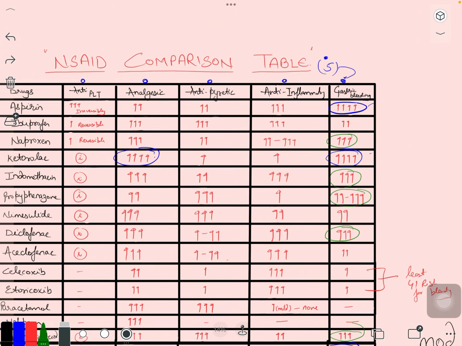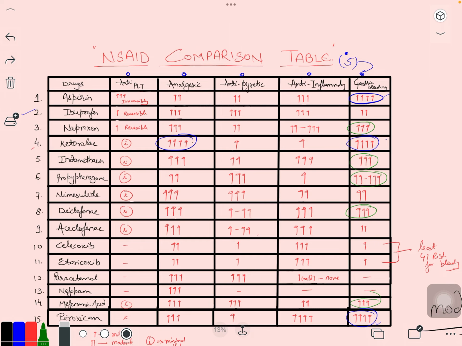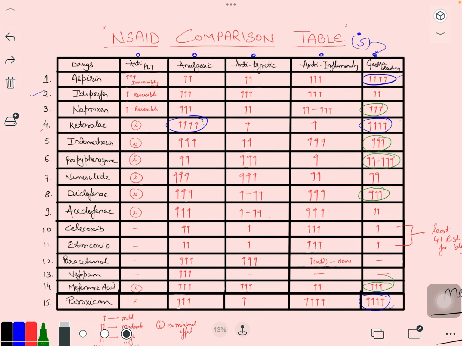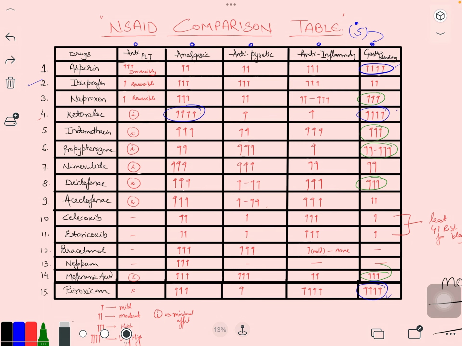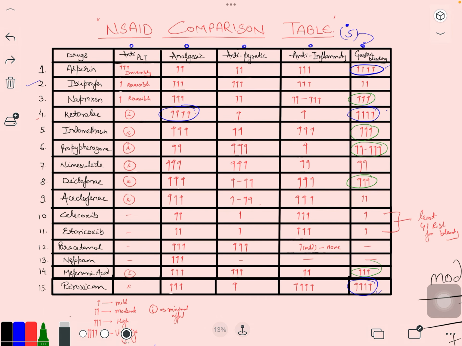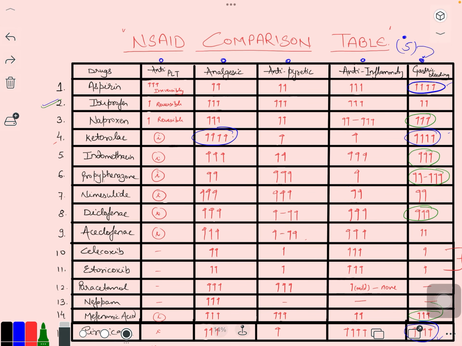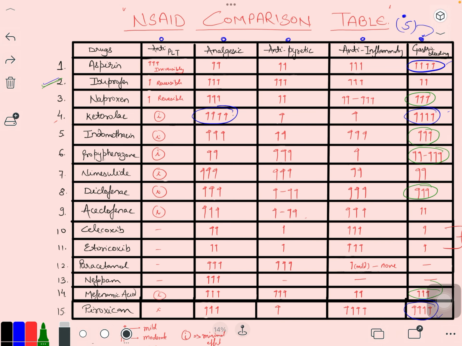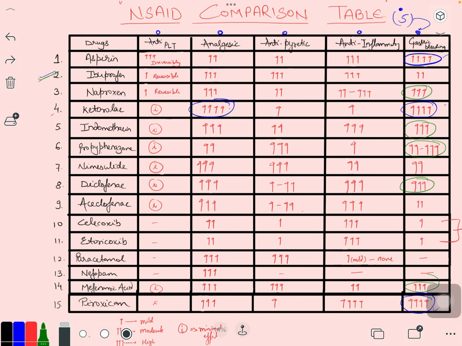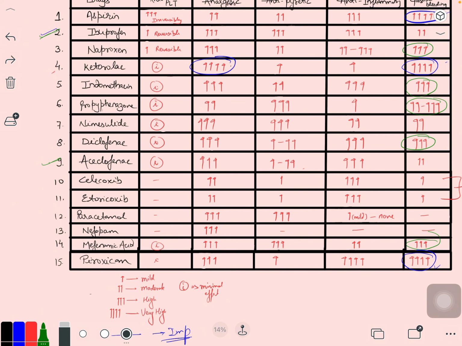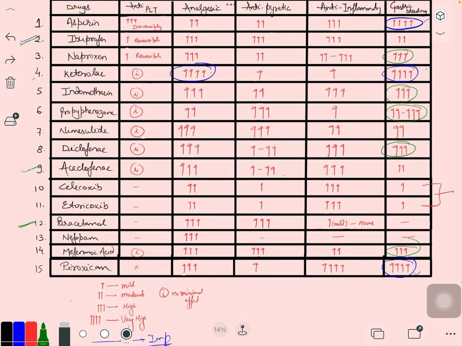Rest of the drugs you can use without thinking so much. You don't need to put your brain so much if the patient is stable, if the patient's condition is normal and there's nothing much to worry about. If the patient just has fever, pain, use ibuprofen. You can use aceclofenac also. You can also use paracetamol, the most favorite among all, right?